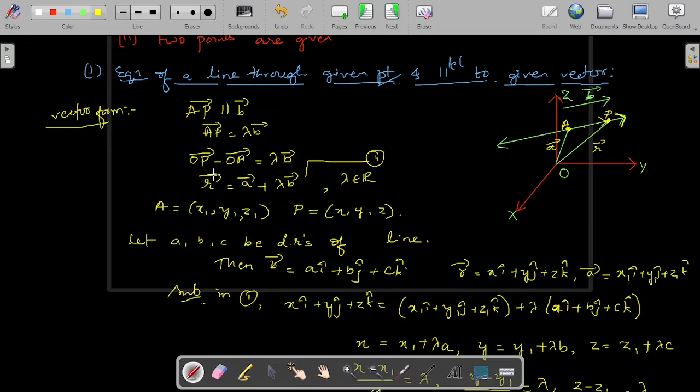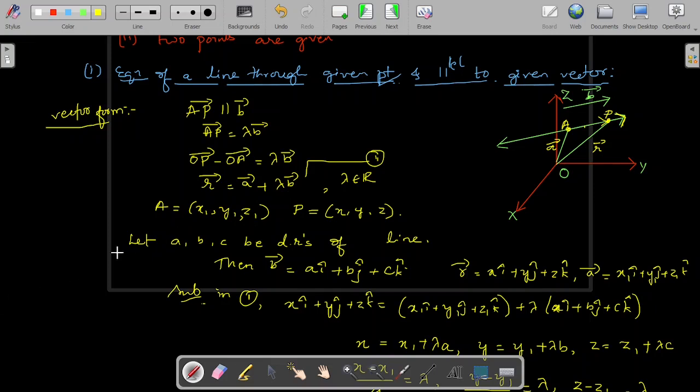So this gives you the position vector of any point on the line passing through a given point and parallel to a given direction: r vector equal to a vector plus lambda into b vector. You should specify what a vector is, the position vector of the given point, and b vector is the vector parallel to the given line.